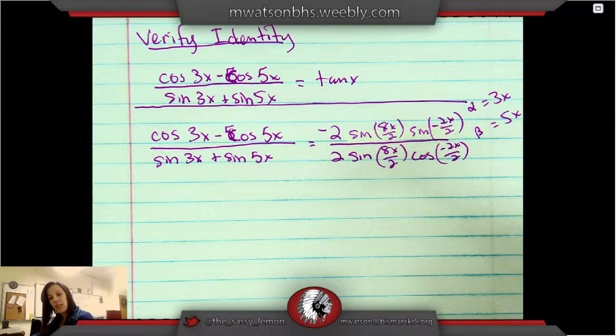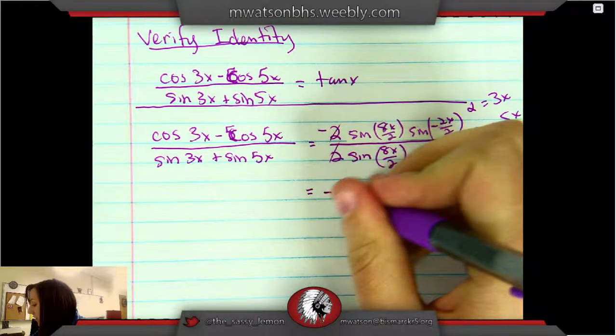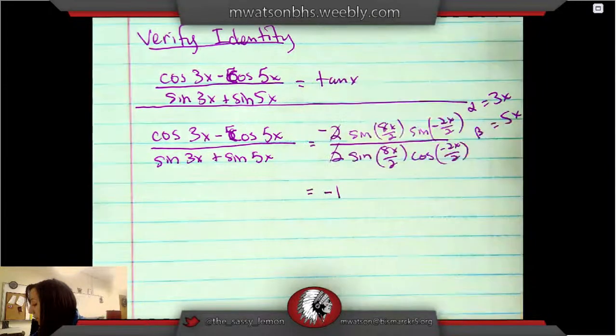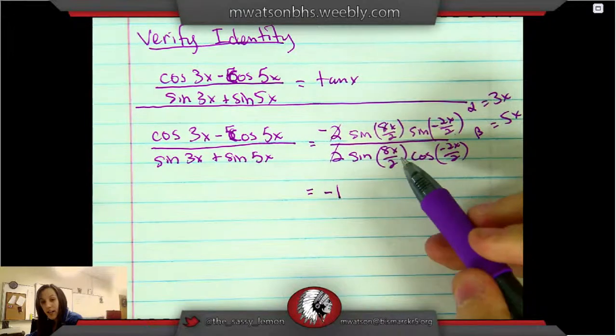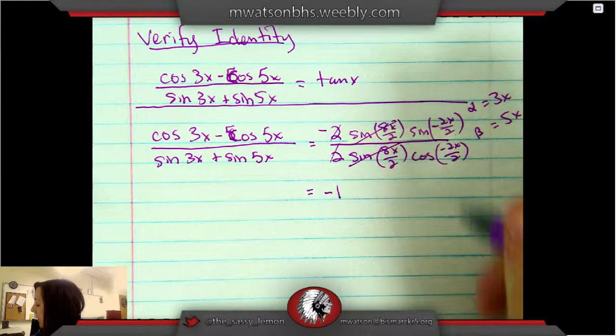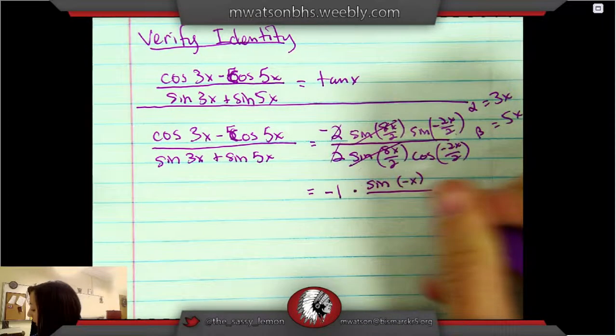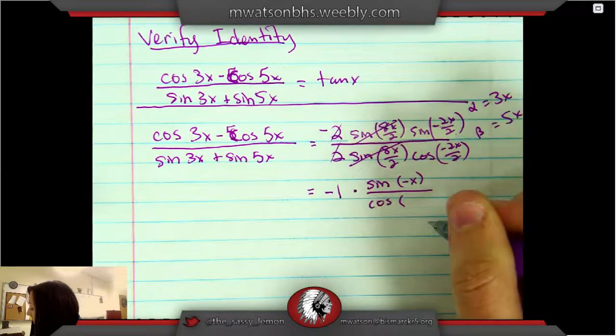Now I'm just going to clean things up a little bit. I'm going to cancel my 2's, so I just have -1, and then I'm going to clean up these arguments. Now I notice here that sine of 8x over 2, that's on top and bottom, so that can cancel too. And over here I'm going to have sine of -x over cosine of -x.